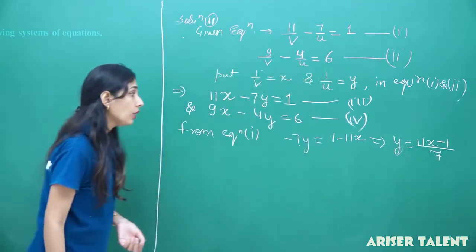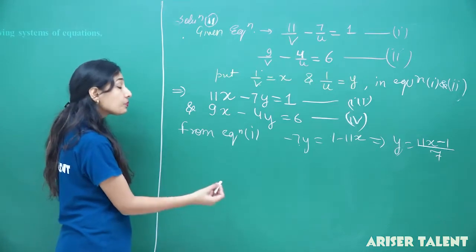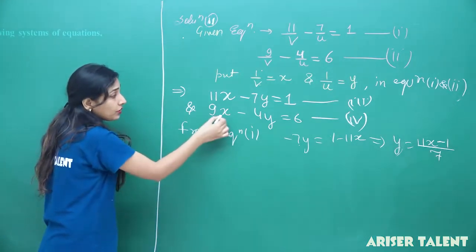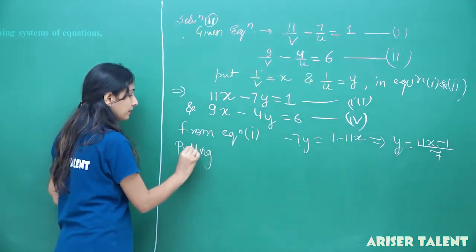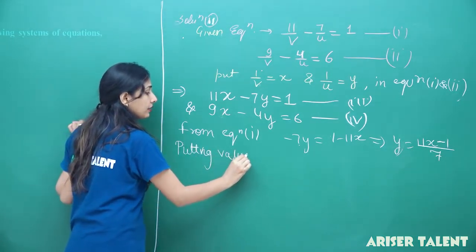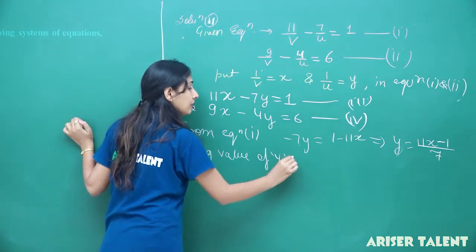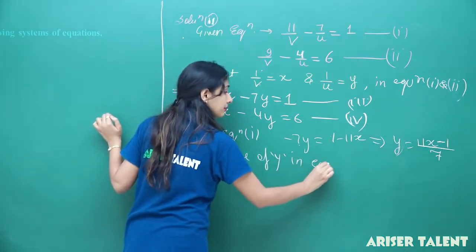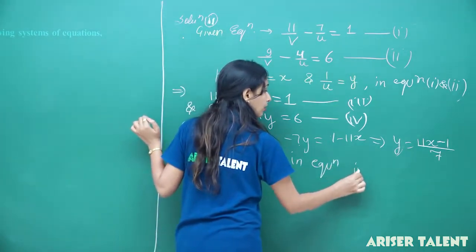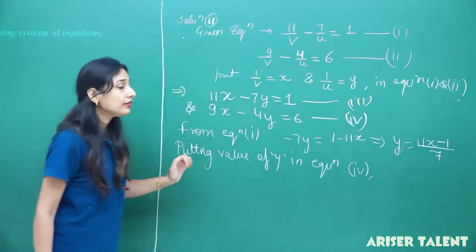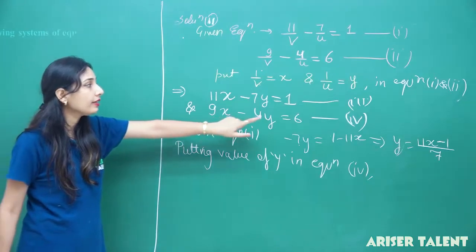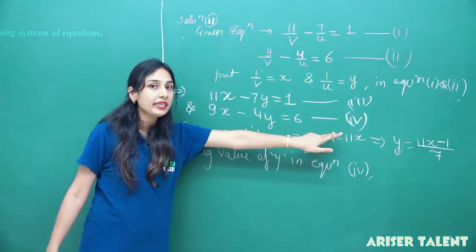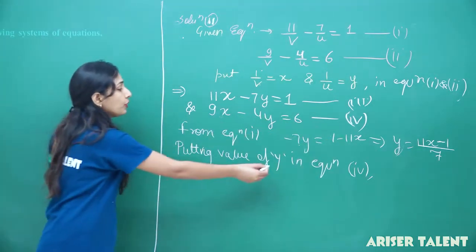Now next thing is to put this value in the second equation, putting the value of Y in equation 4th. Because I have used the third equation to get the value of y, I will be using the remaining equation to put the value of y.